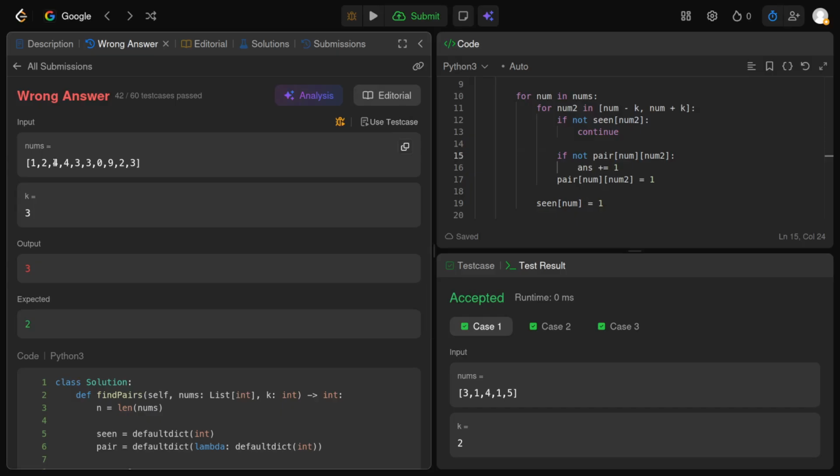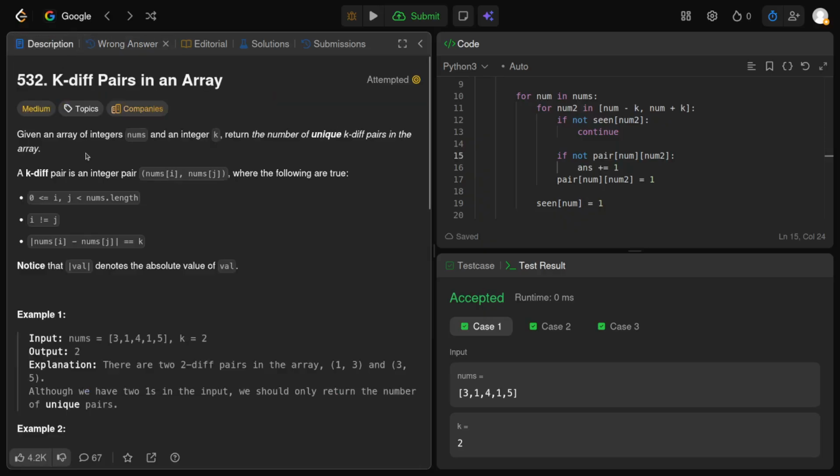So we got 1 4, 2 nothing, nothing, nothing. It needs two pairs, 9 with nothing, 2 with nothing, 0 3, 3 0, and 1 4. They are ordered.